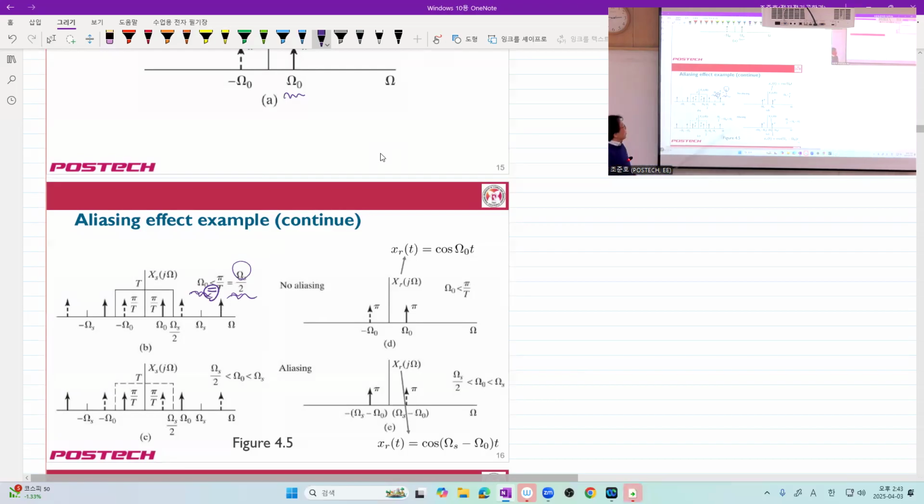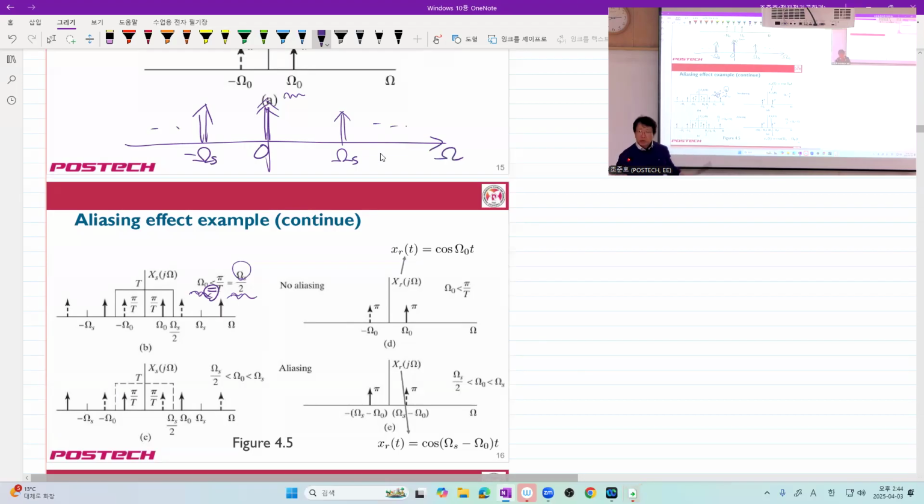Anyway, so suppose your, where is your sampling signal? Oh, this is the sampled signal, right? So here goes your sampling signal. And now you convolve, then what will happen?